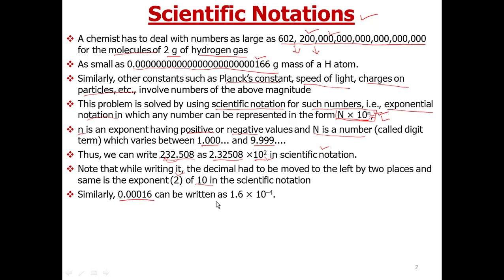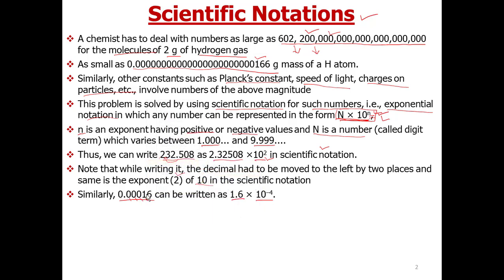Similarly, 0.00016 can be written in the form N into 10 raised to the power n as 1.6 into 10 raised to the power minus 4. Now you see what we have done. We have moved the decimal 4 places to the right: 1, 2, 3, 4.